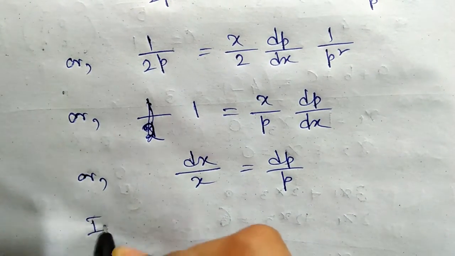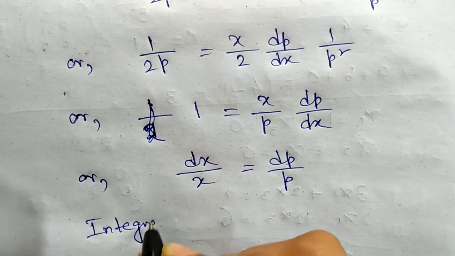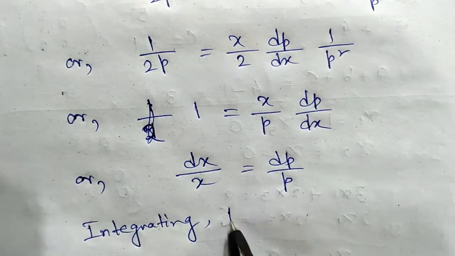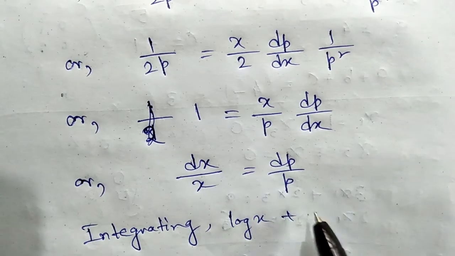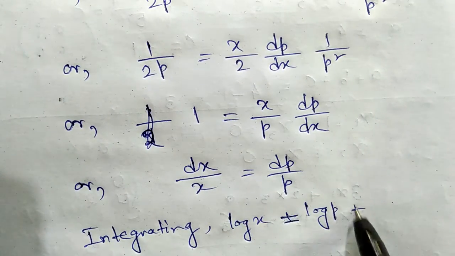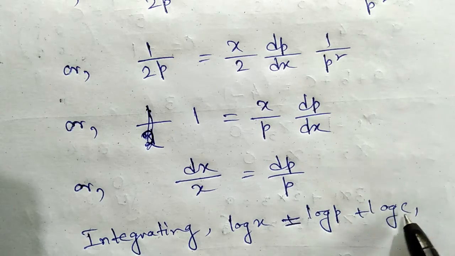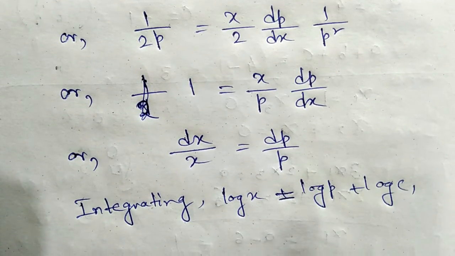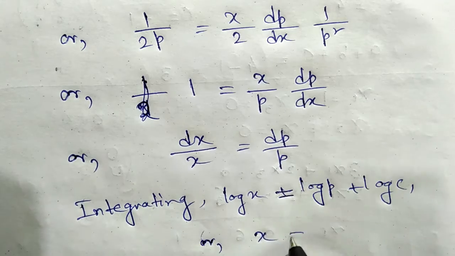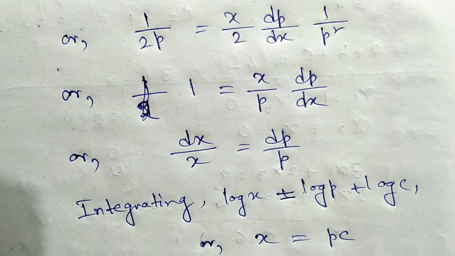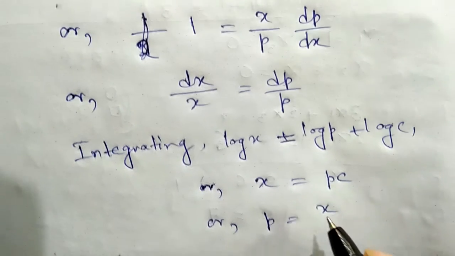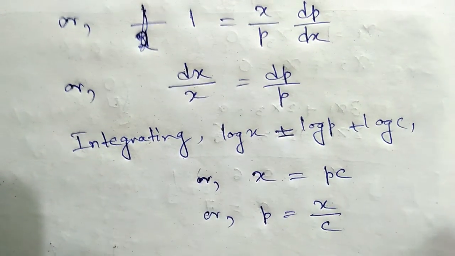Now integrating, we get log x equal to log p plus log c, where c is an arbitrary constant. Then x equal to pc, or p equal to x by c.